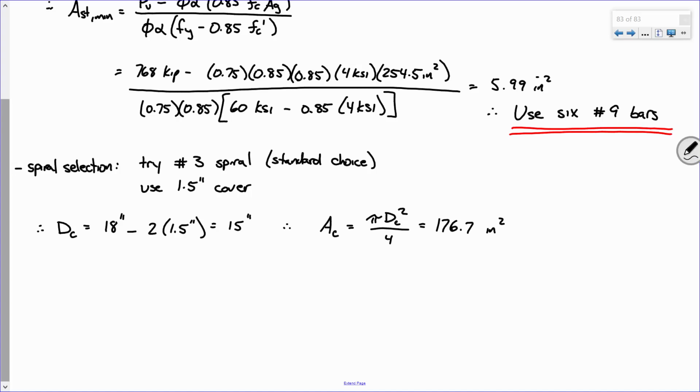Okay. Now, I'm going to select the amount of reinforcement or the spacing based on our reinforcement limits. So let me show you something. So rho S minimum, that's the minimum percentage of steel that we can have, is this.